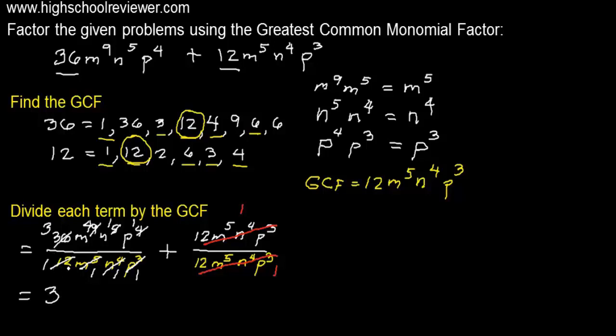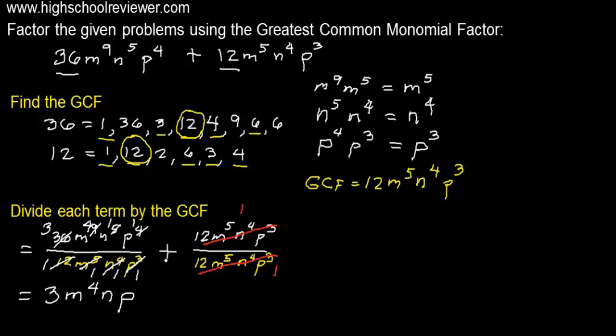And since the denominator is all 1, we will have no denominator here. So we have 3, and then for m, the remaining exponent is 4. And then for n, we have the exponent of 1, no need to write it here. And for p, we also have an exponent of 1.